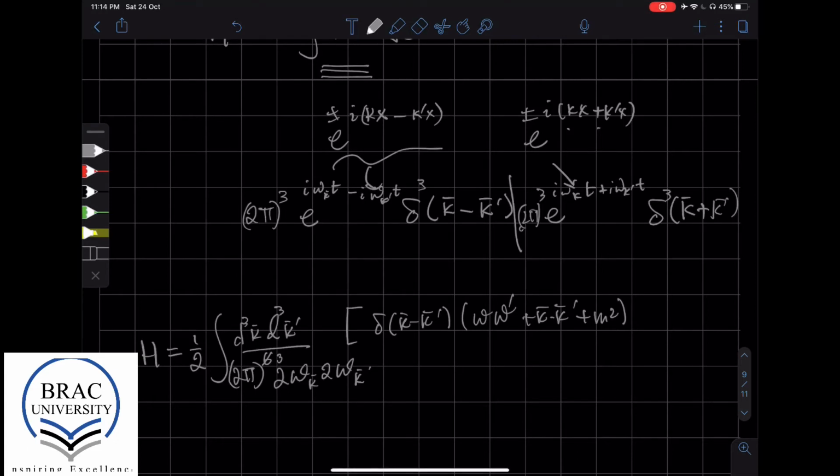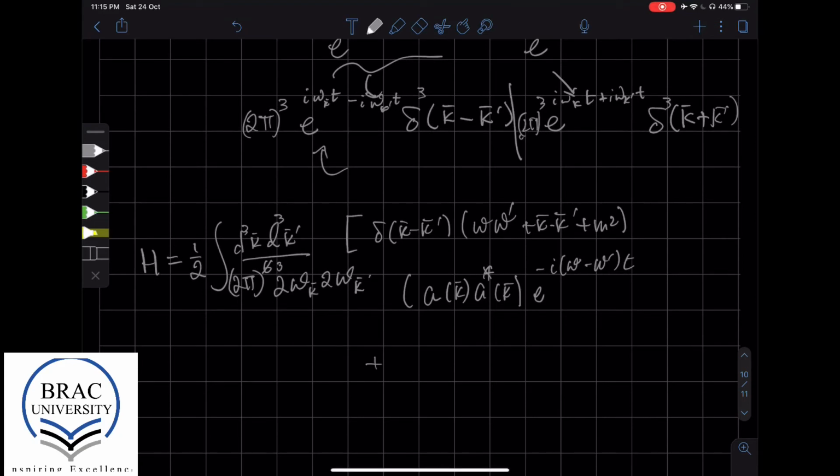And this term will come from the bilinear term, the term with a(k) a star(k). And those, as you know, will have exponentials of this structure. So we'll have e to the power minus i (omega minus omega prime) t. And then we're also going to have terms which are a star of, one of these will be k prime.